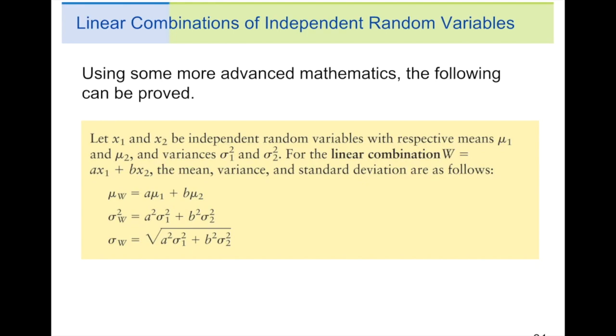Sigma squared sub w, or the variance of w, is a squared times sigma squared sub 1 plus b squared times sigma squared sub 2. Sigma sub w, or the standard deviation of w, is just the square root of the variance.